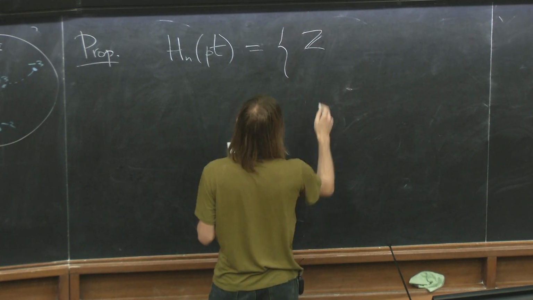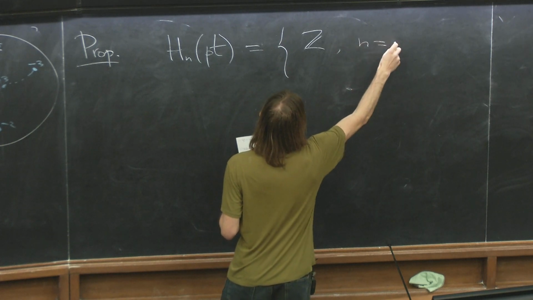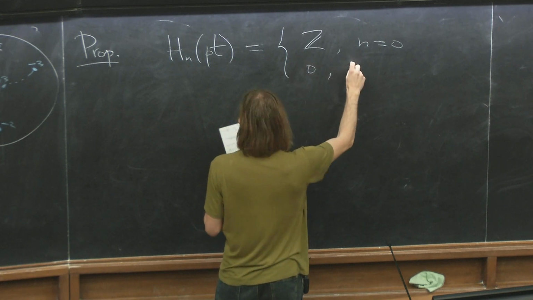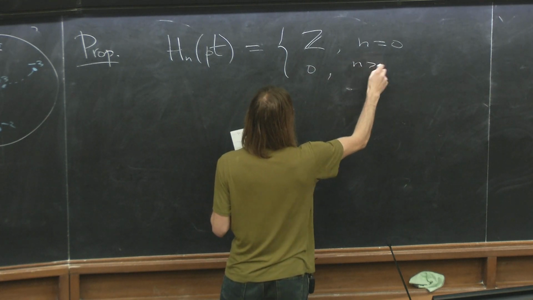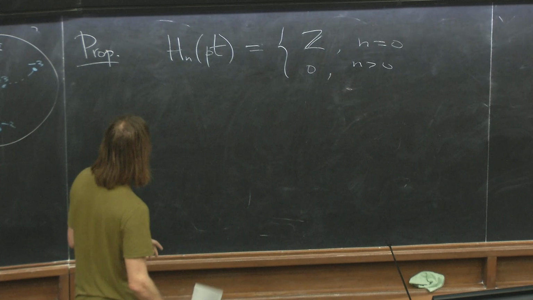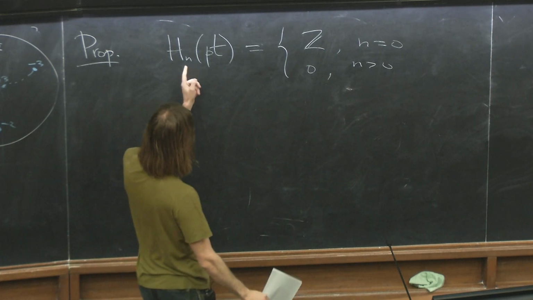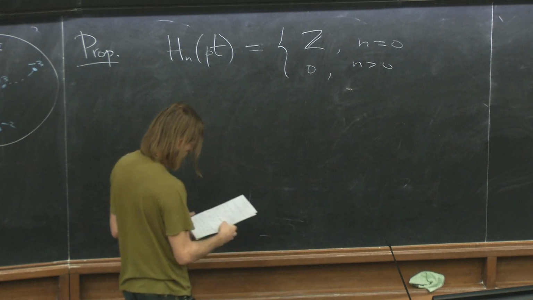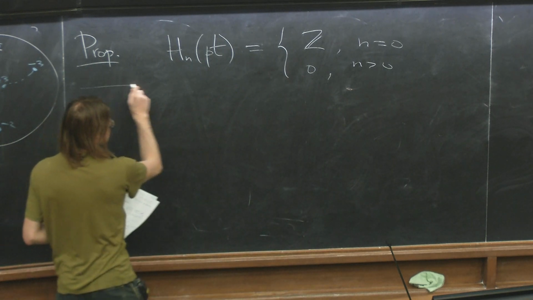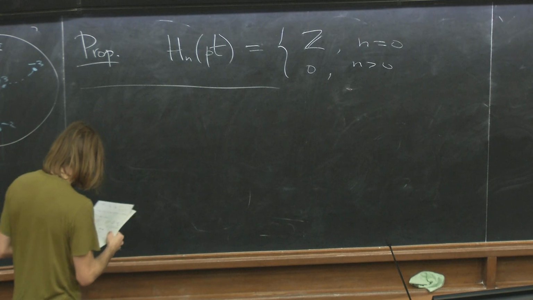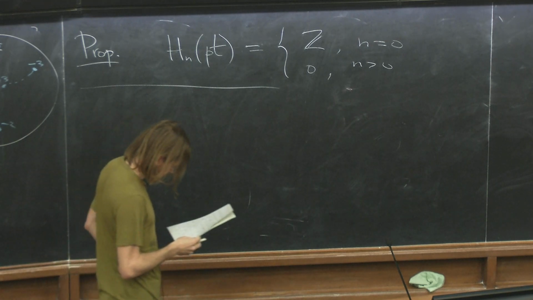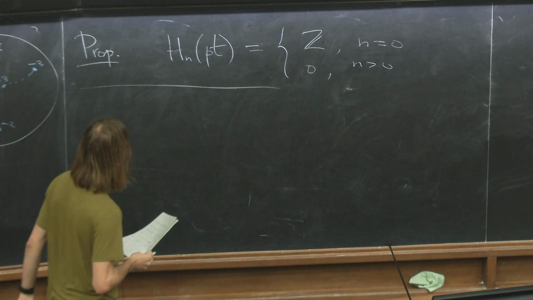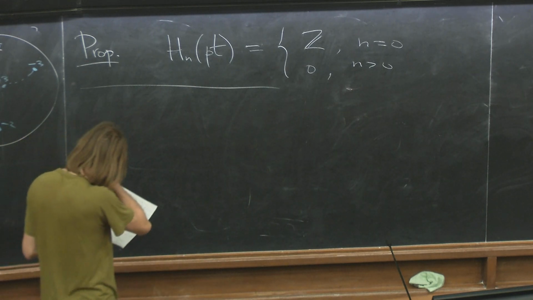And the answer will be as follows. The only non-trivial homology group is in degree 0. And there the group is isomorphic to the group of integers. This is one of a few cases where one can do the calculation just by definition.